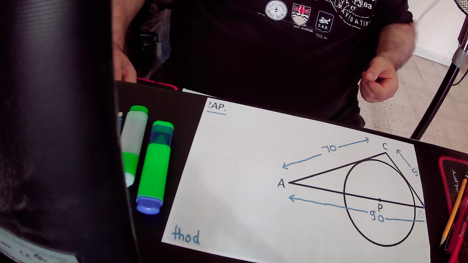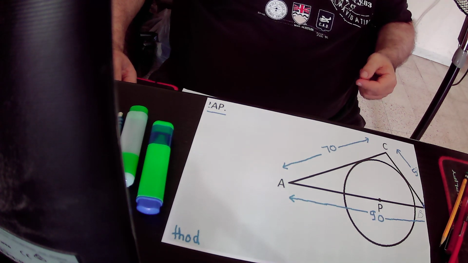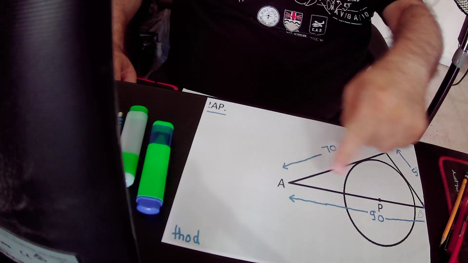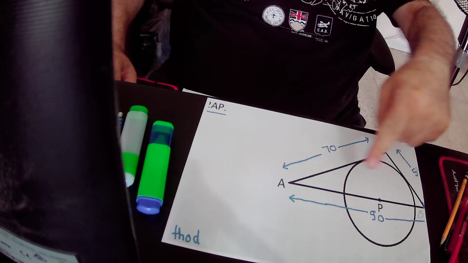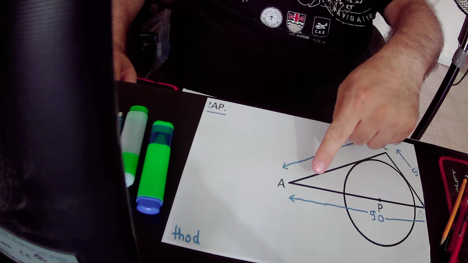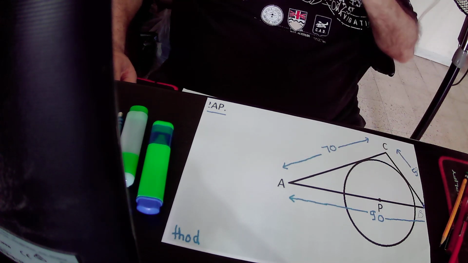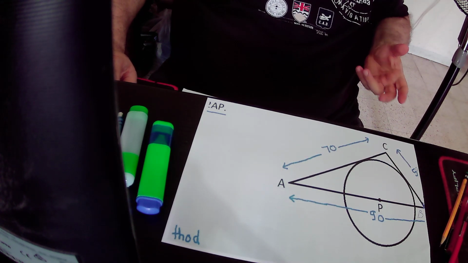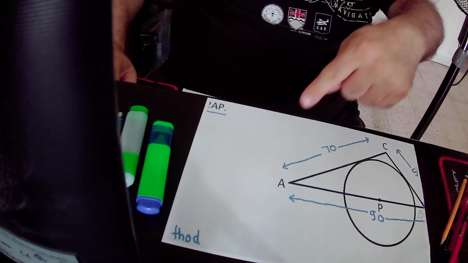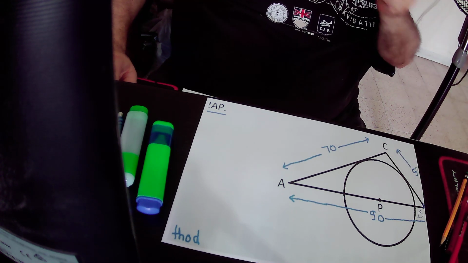Hello, in this lecture we will find the size of 2 times AP, or we will find the value of 2 times AP. Actually, you can see in the drawing triangle ABC.